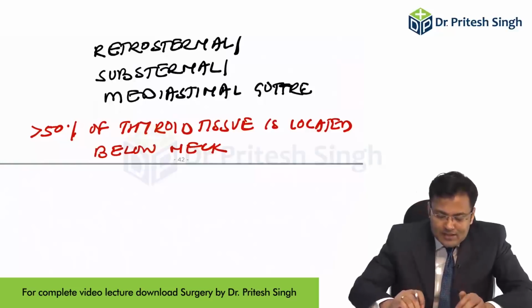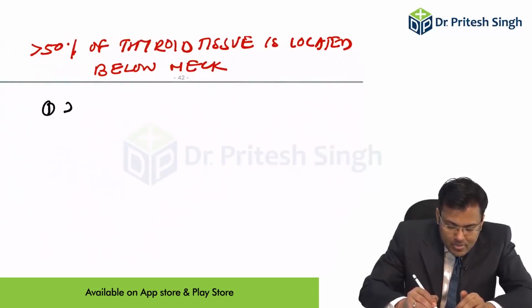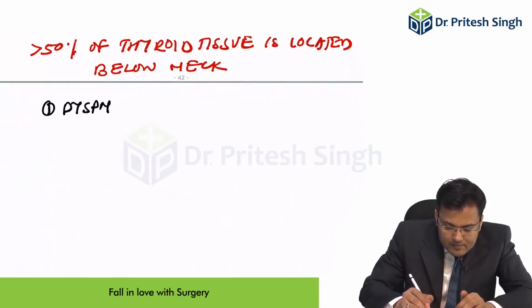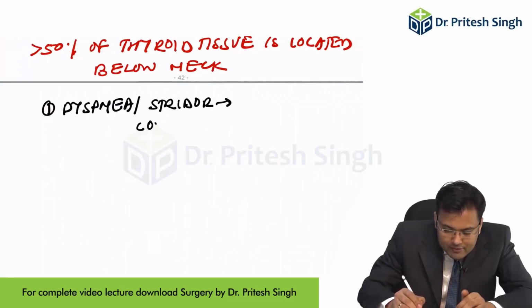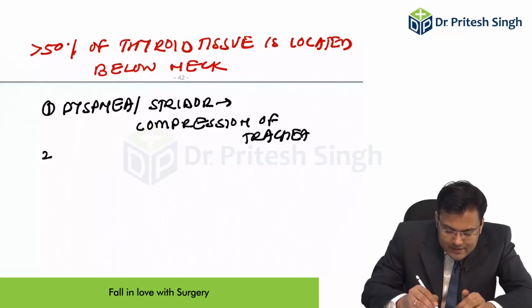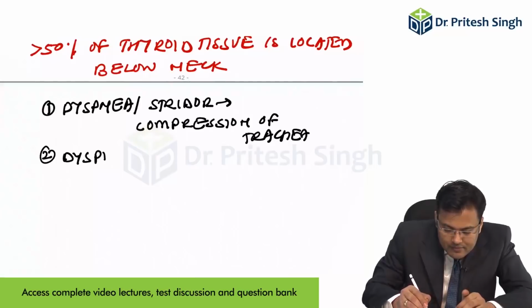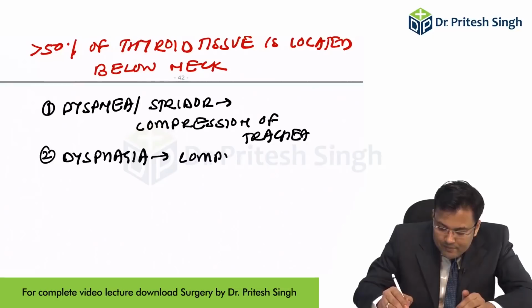So what are the manifestations in severe cases? First, dyspnea and stridor due to compression of the trachea. Second, dysphagia due to compression of the esophagus.